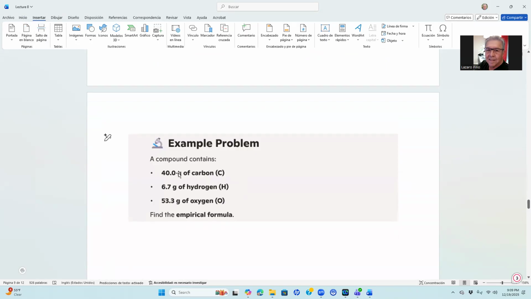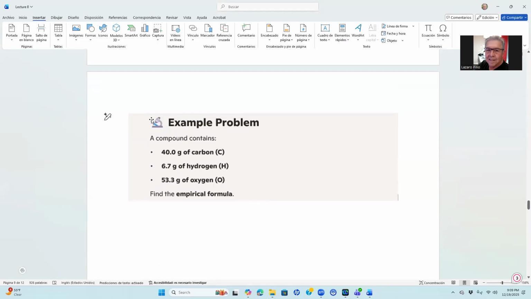You have a compound that has 40 grams of carbon, 6.7 grams of hydrogen, 53.3 grams of oxygen. You know from the periodic table that carbon is around 12, hydrogen is around 1, and oxygen is around 16.